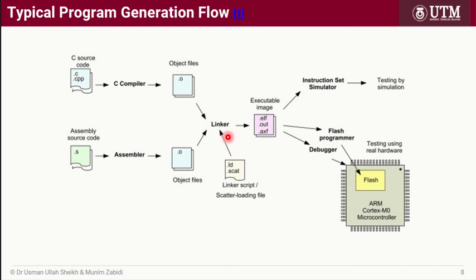And then the third stage: the file that contains an executable binary image that is ready to be run on the embedded system. Once you finish the linking process, it will produce an executable image file, which will be run on your embedded systems.